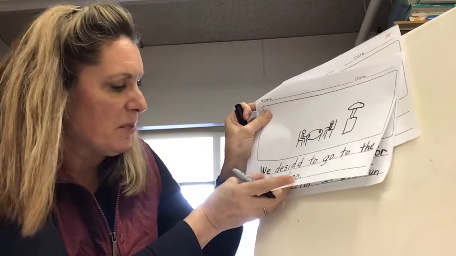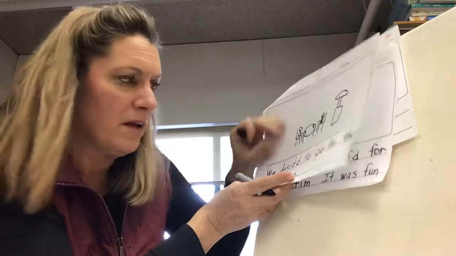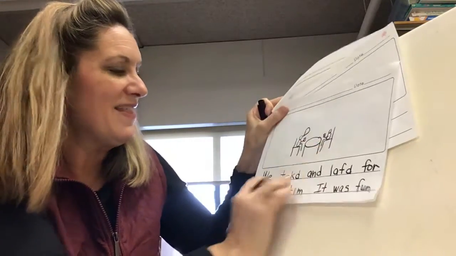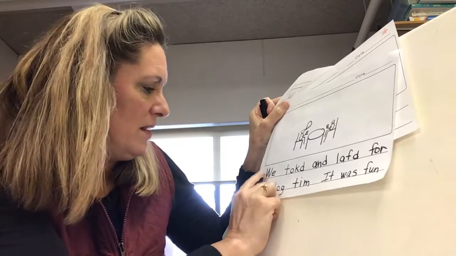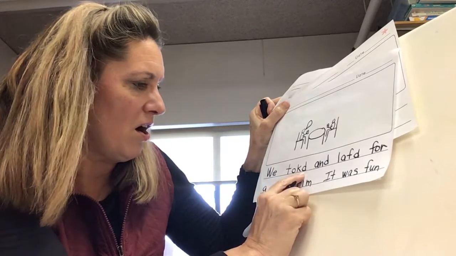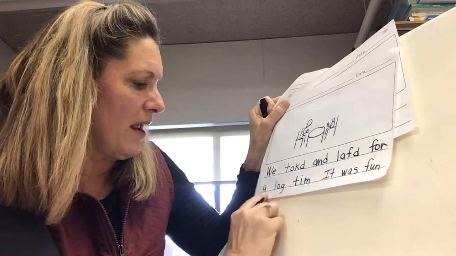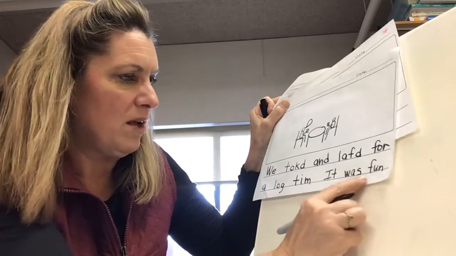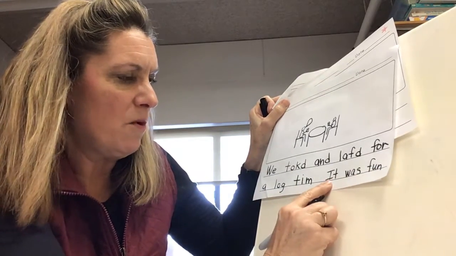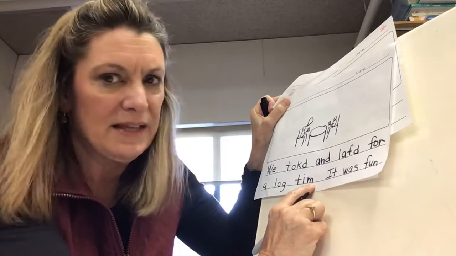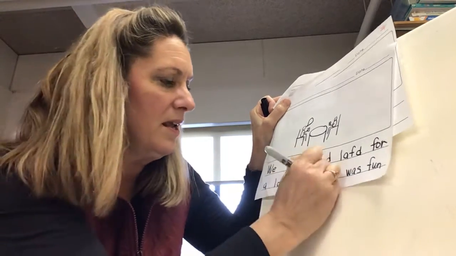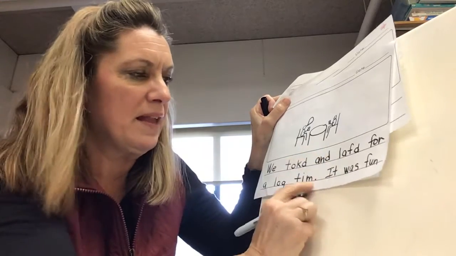And everything starts with a capital. My first word of my sentence has a capital. And then I added this extra page, so I better check that. There's my capital letter. We talked and laughed for a long time. It was fun. Wait, oh, I started a new sentence there with a capital letter, but I forgot to end my sentence with a period, so I better put that there.